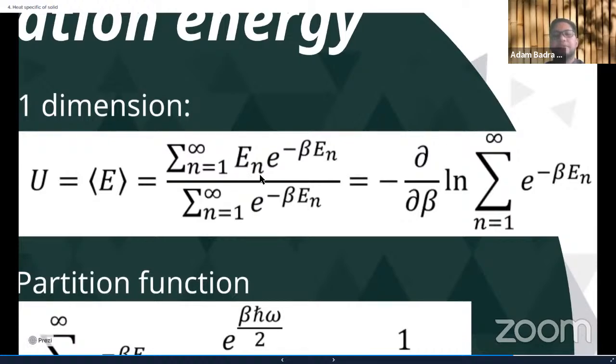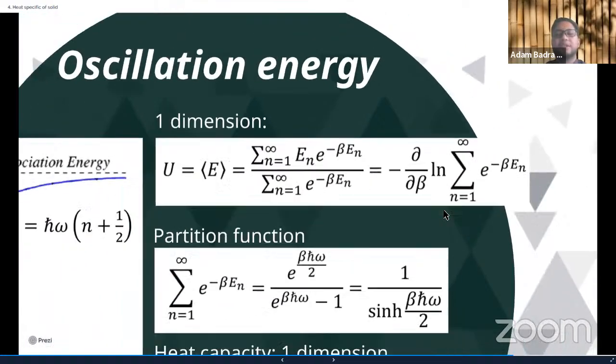If you do a little bit of mathematical manipulation, you can find that E_n can be obtained from the differentiation with respect to beta. The right side is exactly the same as the left side, so we can simplify the calculation by only calculating the right side.